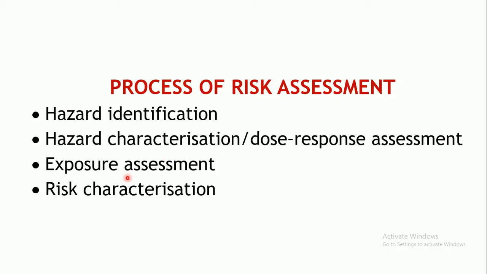The third step is exposure assessment, how exactly the exposure is taking place to that particular chemical. And lastly the risk characterization. Based on the results of this risk assessment, you need to go for risk management, that is how to control this particular hazard when any substance is introduced in the commerce.